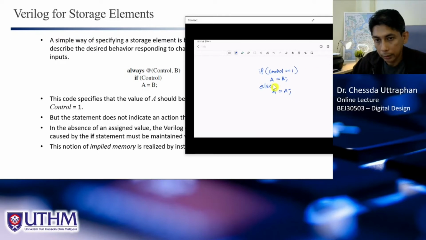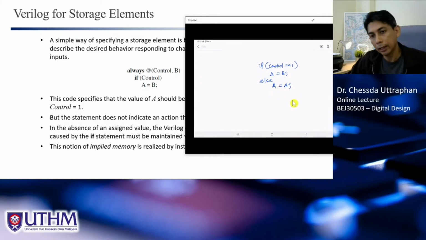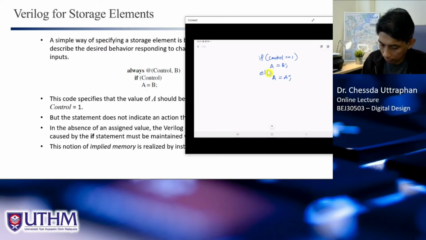It means that if control equals 1, A is equal to B, but if control equals 0, A will remain A. So this implies a memory circuit, and this will give you a latch in Verilog. So it will give you this.